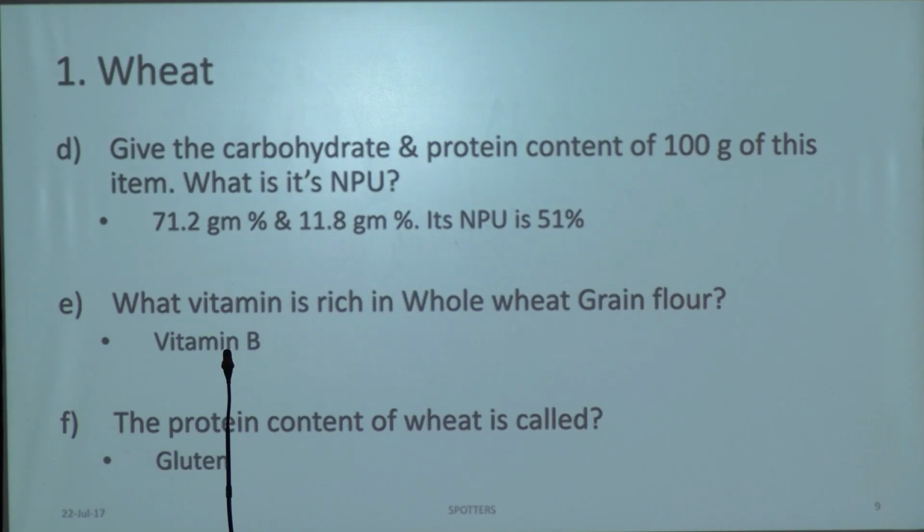What are the essential fatty acids? What are the names? That was amino acid, I am now asking about fatty acid. What are the essential fatty acids?